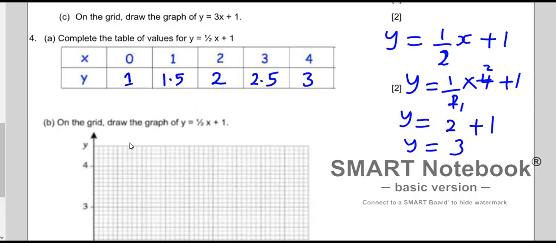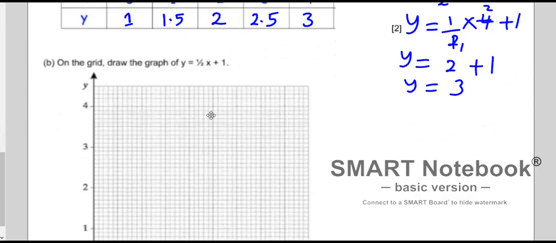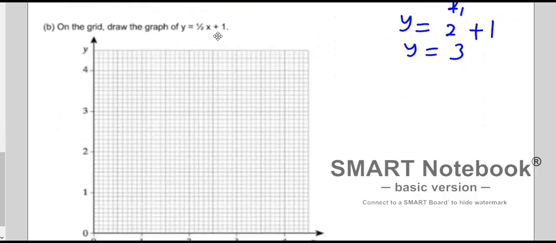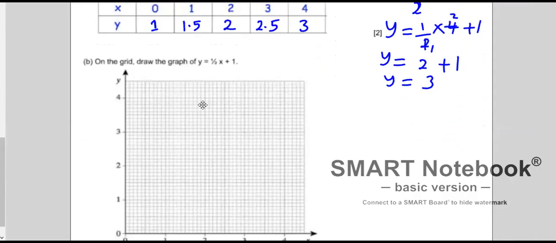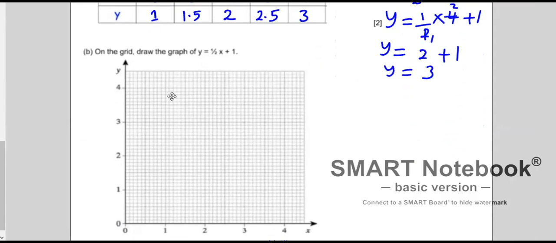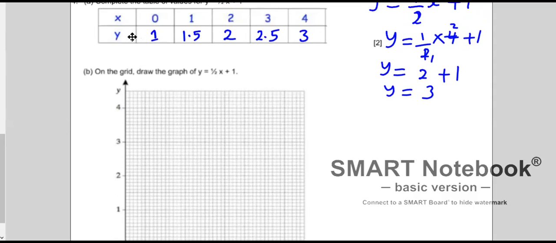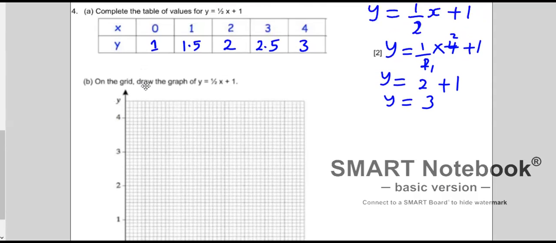The next part is on the grid, on this graph paper here. Draw the graph of y equals half x plus 1. Let's zoom out so that we can see everything, but that is more than enough.